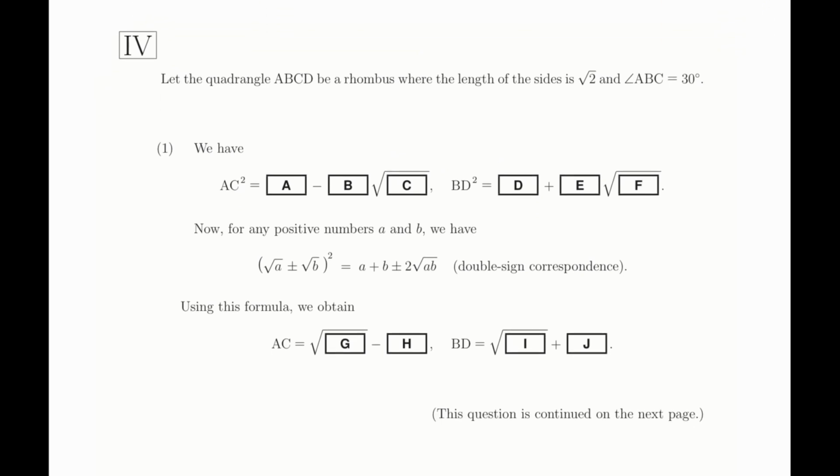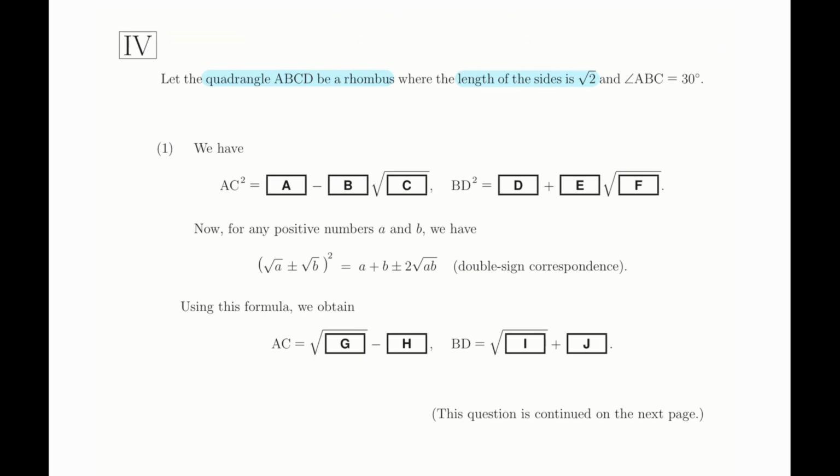Okay, in this question, we have a quadrangle ABCD, a rhombus. Basically, we have a quadrilateral ABCD, and ABCD is a rhombus where the length of the sides is square root of 2. As you know, a rhombus has 4 sides of equal length.